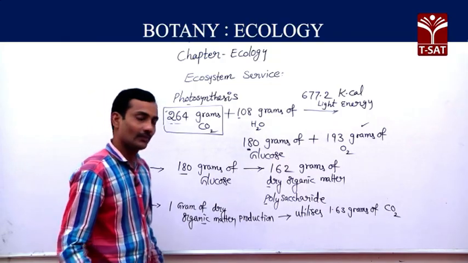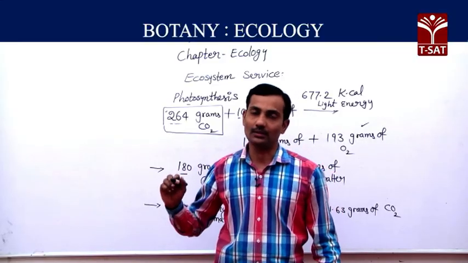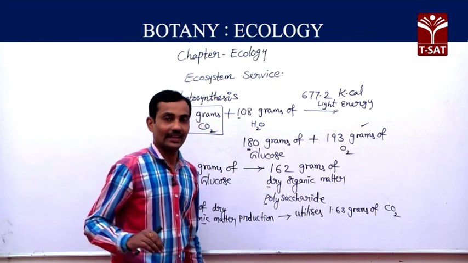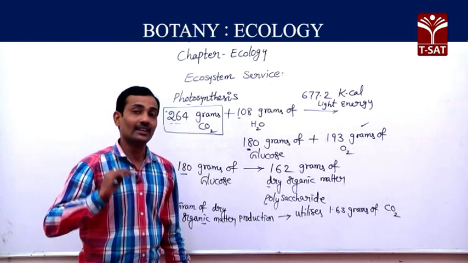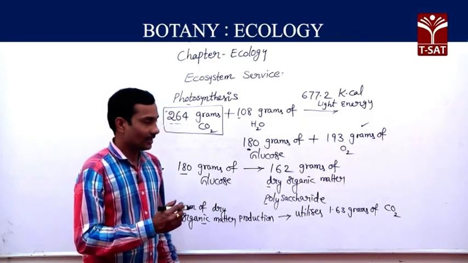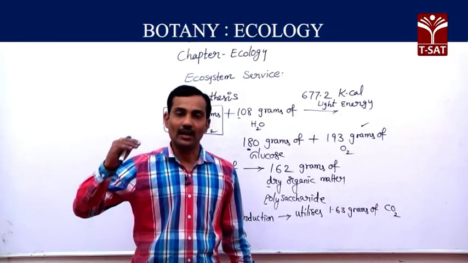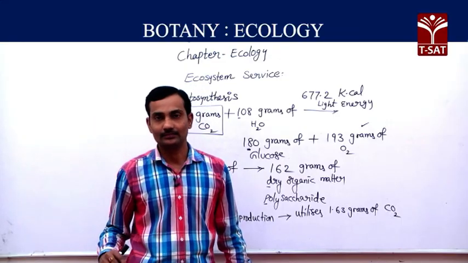Because of the absorption of carbon dioxide by the plants, it indirectly reduces earth temperature. Otherwise, if plants were not there on the earth, the carbon dioxide amount would gradually increase.